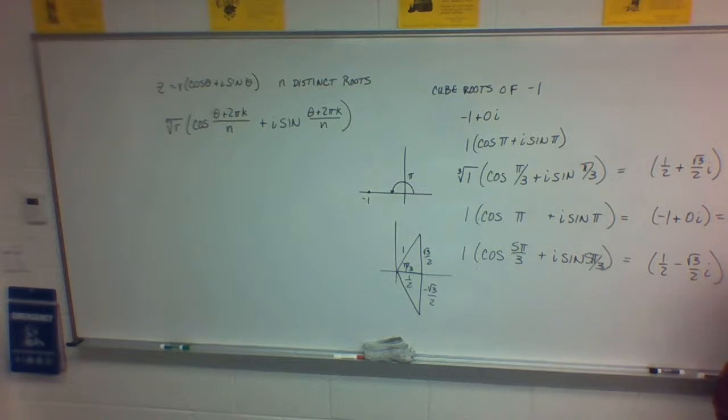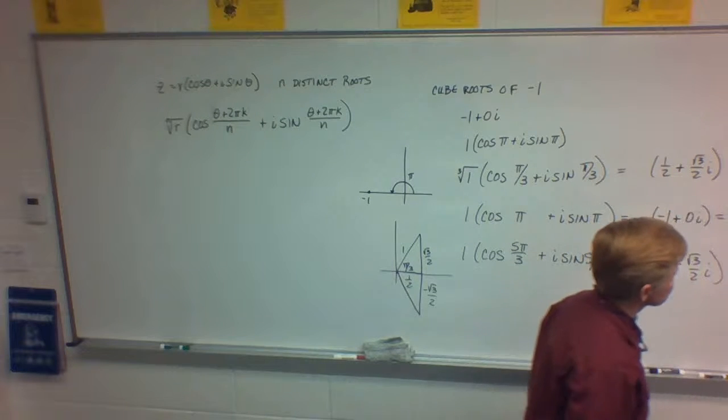This point on the end there is 1/2 plus root 3 over 2i. This one over here is -1. And this one down here is 1/2 minus root 3 over 2i. On the real imaginary grid, that's where those are.